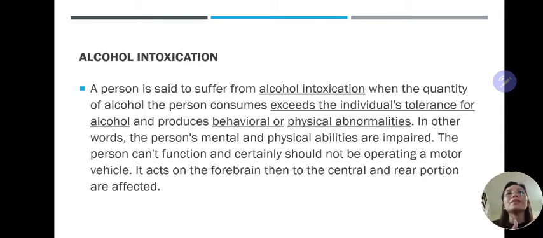The behavioral ones are sometimes slurred speech, and they lose their inhibitions. And the physical abnormalities, sometimes if there is an allergy, their face swells and they break out in hives. It depends on the physical reactions of each individual to alcohol.